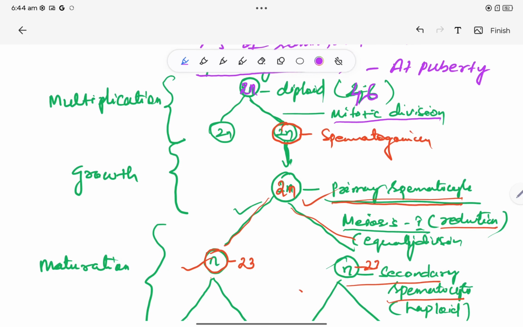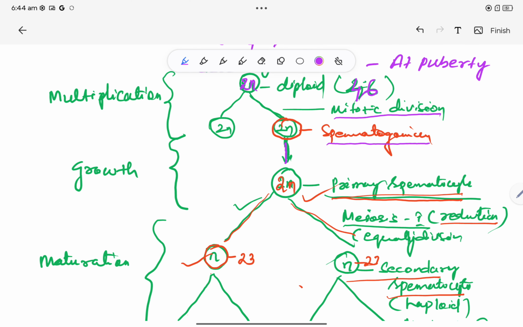Now what happens with a single spermatogonium? I am showing you a single spermatogonium. It attains maturity and grows in its size, and it develops into primary spermatocyte. So simply here growth is taking place.